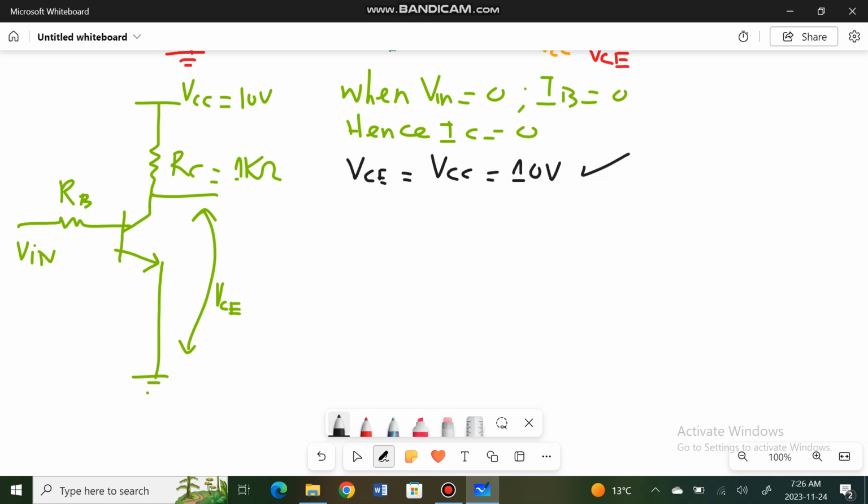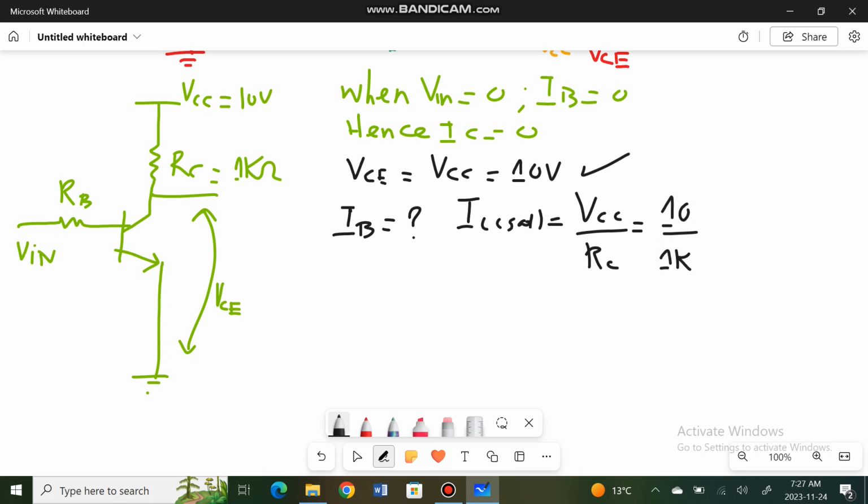Now suppose we have to determine the minimum value of the base current required in order to send the transistor into saturation, and for that we need to determine first IC saturation. So what is IC saturation? It can be found by using the formula VCC over RC, which is equal to 10 volts divided by 1K. So this is equal to 10 milliamperes. Now assume that beta DC of this transistor is equal to 200.